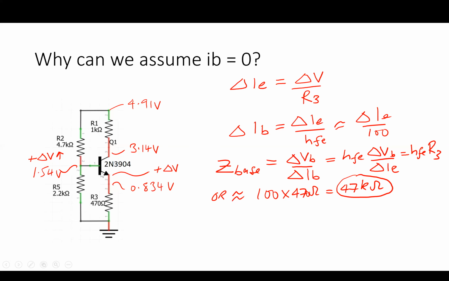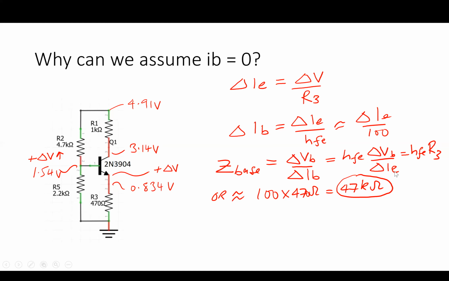So the effective resistance or input impedance, I'm going to use this word and explain more in the coming class, of the base then, is going to be this change in voltage divided by this change in current, which is HFE times the voltage change across the base divided by the current through the emitter.